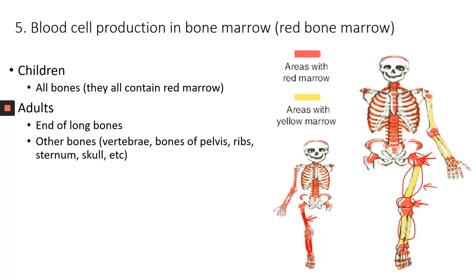So you actually have other bones that are very active in producing blood, and those are the irregular bones like your vertebrae, your bones of the pelvis, and flat bones like ribs and sternum. Okay. So you can actually see in this adult picture, all those types of bones actually have a lot of red marrow, so they are very active in producing blood cells.